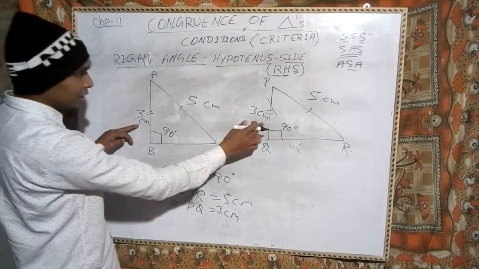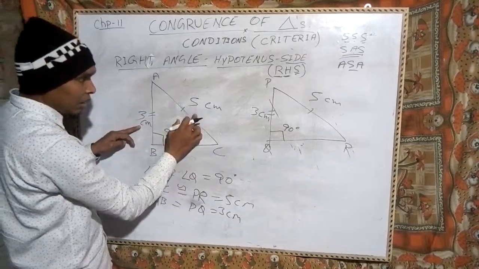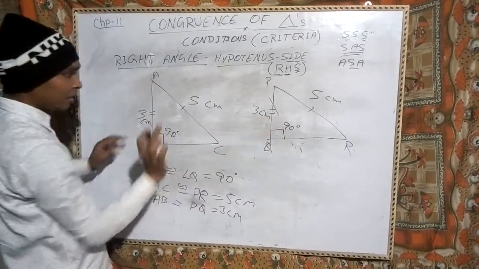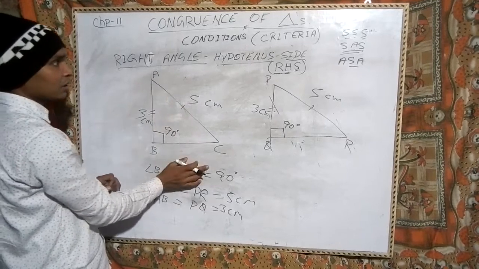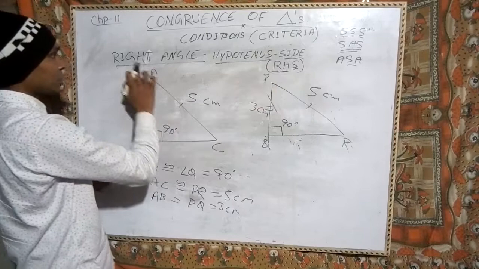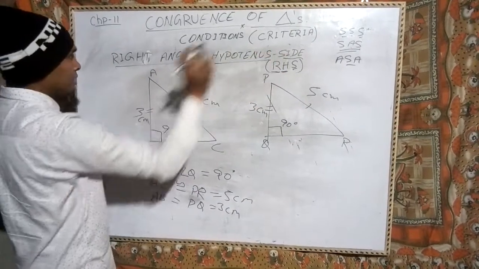When this side and this side are equal, hypotenuse and hypotenuse are equal, and right angles are equal, then we can say that this is fulfilling the criteria of RHS, right angle hypotenuse side.